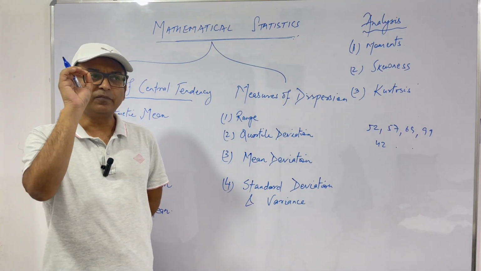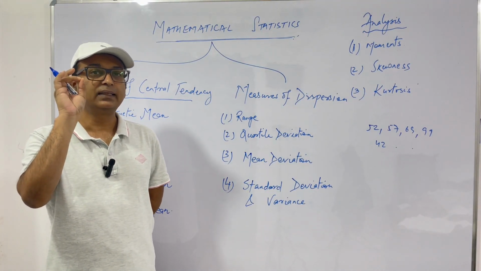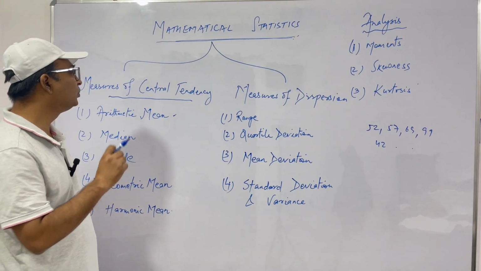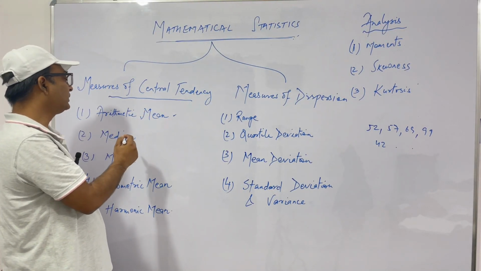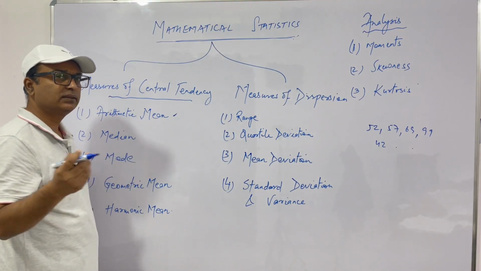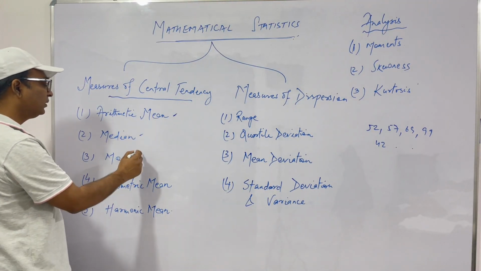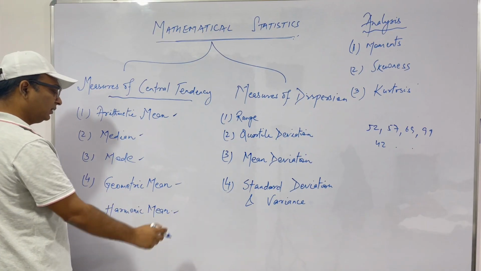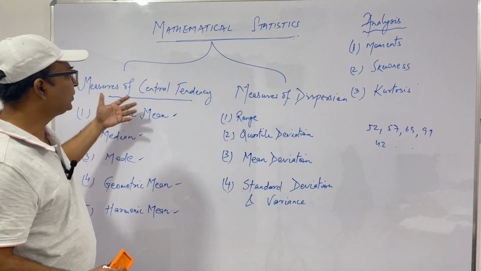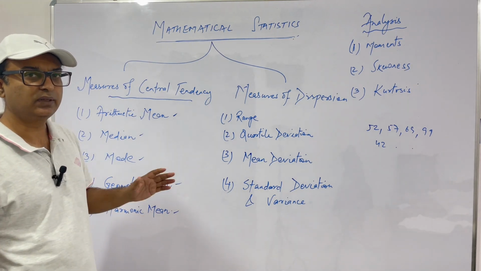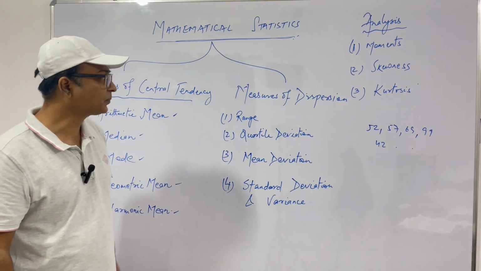So this is where the data is centered. The methods that actually tell you where the data is centered are the measures of central tendency, and we'll be studying arithmetic mean, that is simply called mean, median, mode, geometric mean, and harmonic mean. These 5 are the most popular measures of central tendency, and most of our work is done by this.